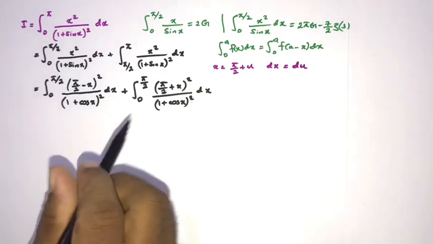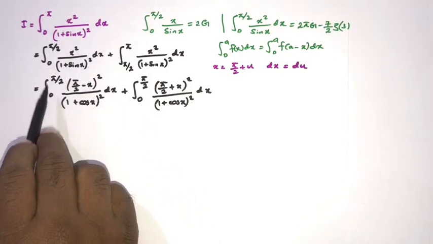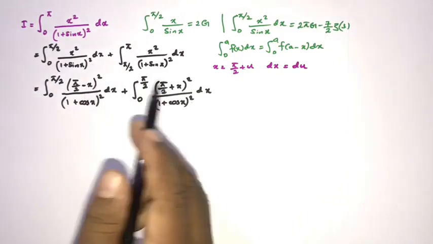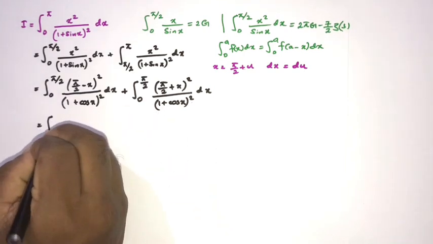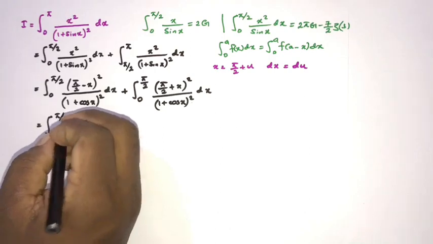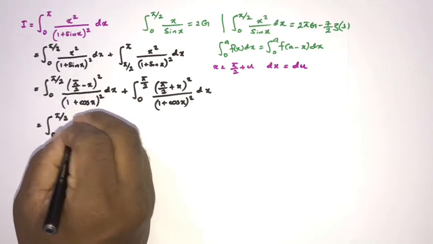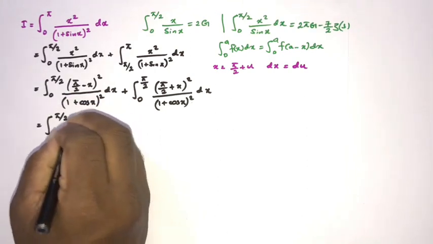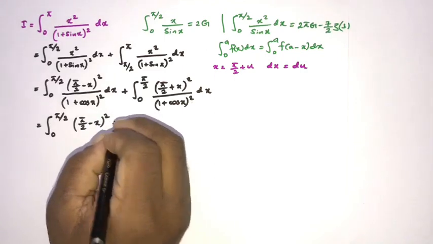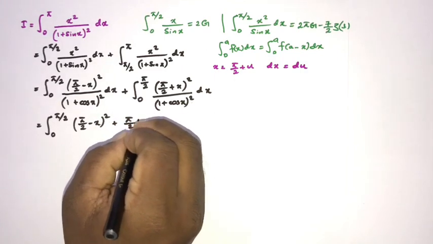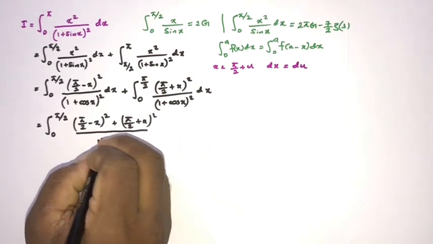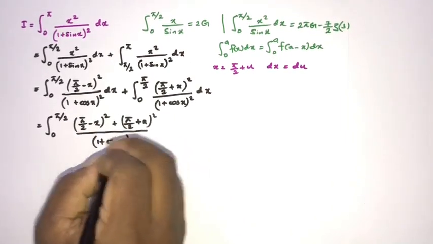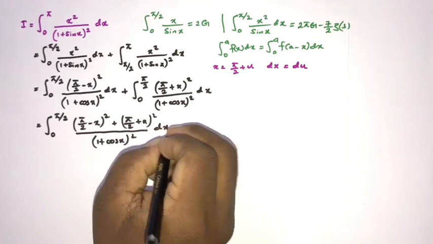Then we have the same limit 0 to pi over 2, also the same denominator, so we can write this is equal to integral from 0 to pi over 2 of (pi over 2 minus x) squared plus (pi over 2 plus x) squared over (1 plus cosine of x) squared dx.